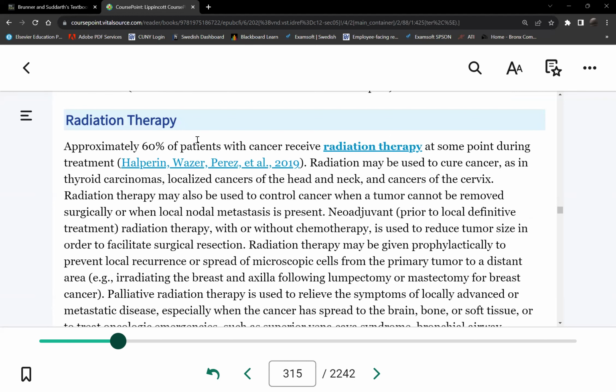There are two types of radiation. Radiation can be internal or external. When we say external radiation, we are referring to a radiation treatment center, or for instance, let's say you go to Memorial Sloan Kettering on the east side.